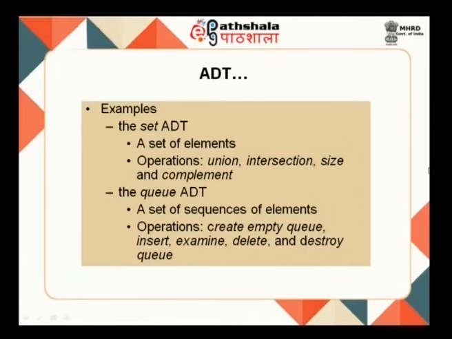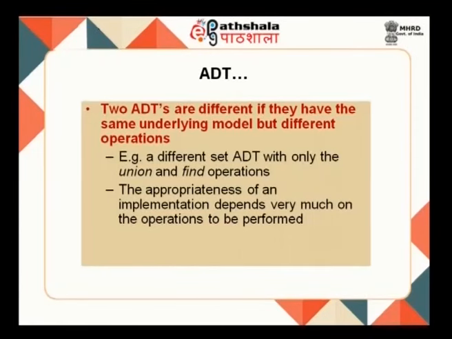Previously we defined a set ADT with union, intersection, size and complement, but if now you define a set ADT which has only union and find, then that is a separate ADT, because an ADT is not isolated from its operations. You have the ADT defined and you have the operations associated with it, and you can use it only as a single syntactic unit.